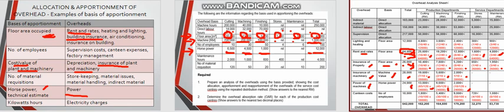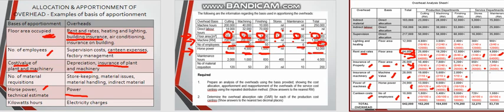The last one is the canteen cost. Have a look, where are the canteen expenses? The most suitable basis is the number of employees. The more employees in a department, the more we are going to charge that department. So based on the number of employees, have a look at the number of employees here: 10, 30, 50, 4, 6, divided by 100.